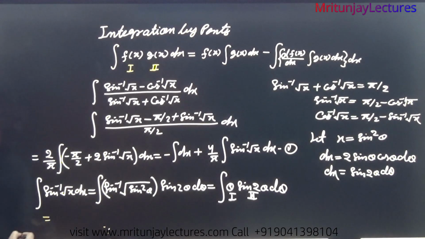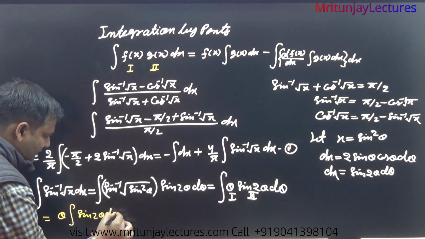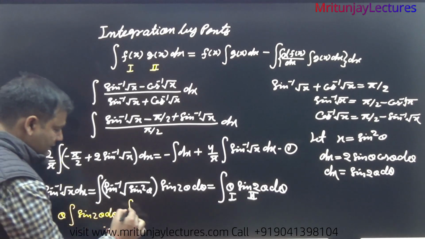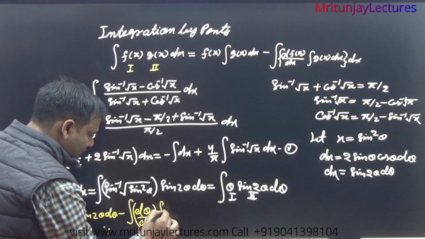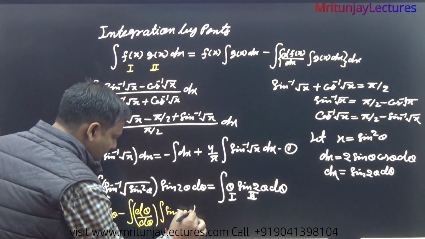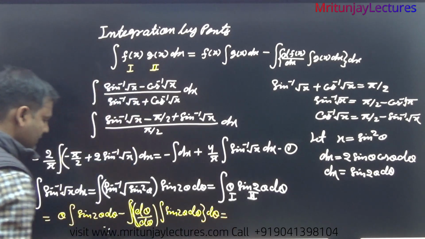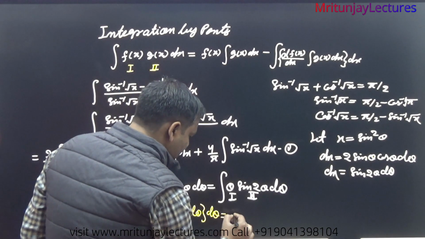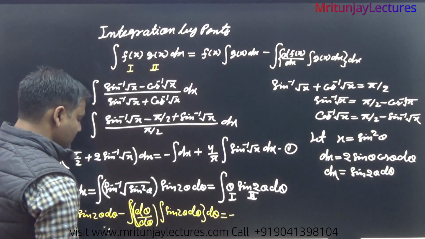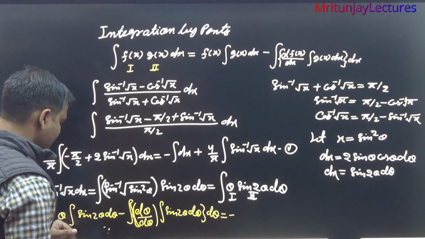So first into second. How can we apply here? First into integration of second, theta into the integration of sin 2 theta d theta, minus the integration of differentiation of the first function into the integration of the second. The integration of sin 2 theta is minus cos 2 theta, divided by 2 because the constant goes to the denominator.